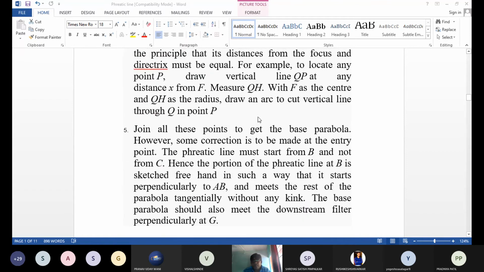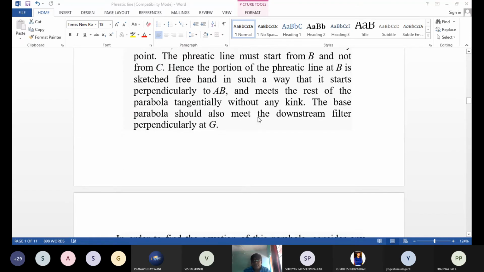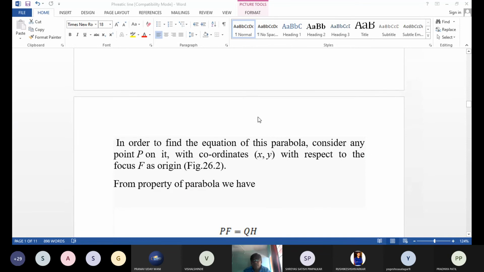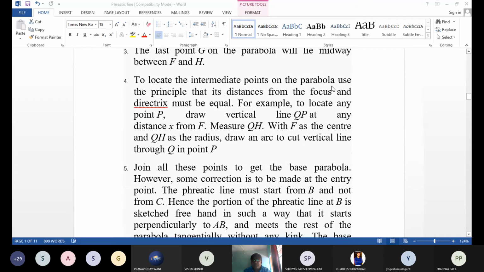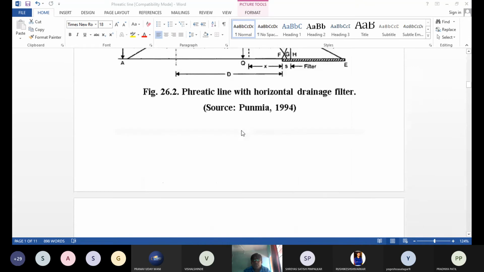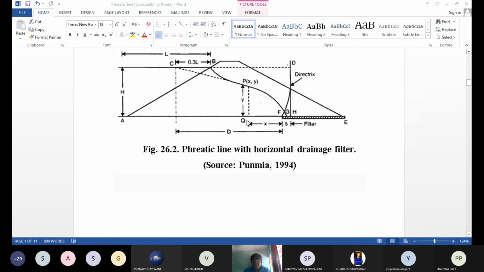So in order to find these equations and QP, to locate the intermediate points, you have to consider the point P. Draw the vertical line QP at a distance x from F. Measure QH. Again, I am showing this diagram. Take this distance QH, then with P, the intermediate point, as the center, draw a curve through the point F.